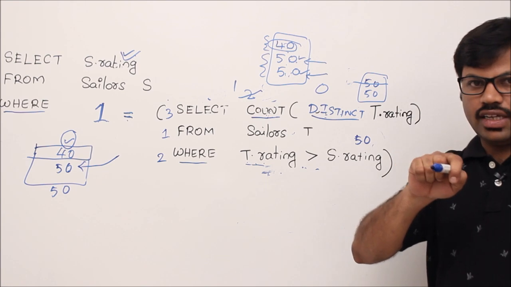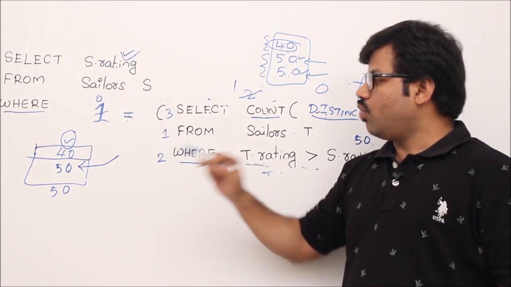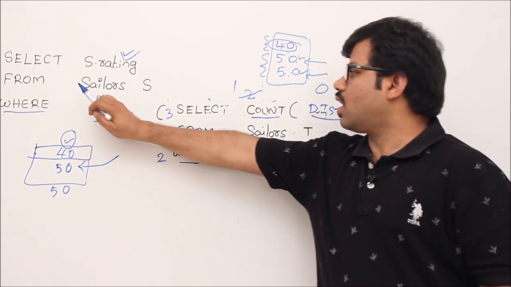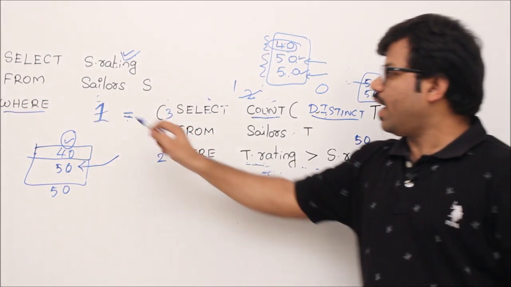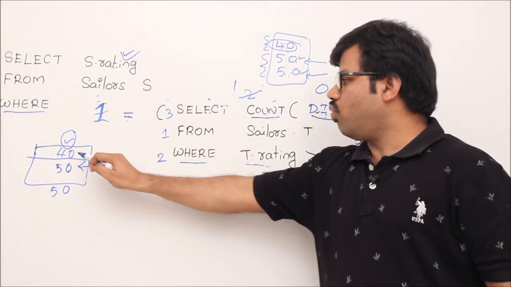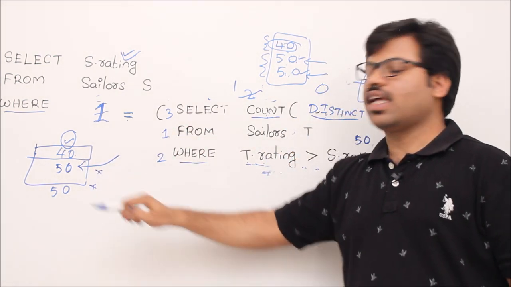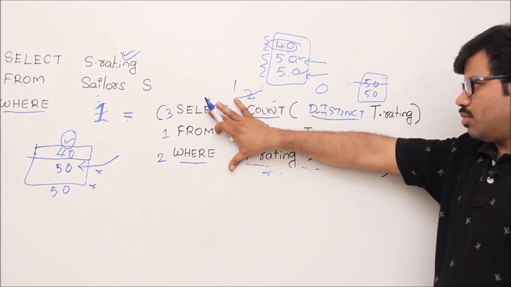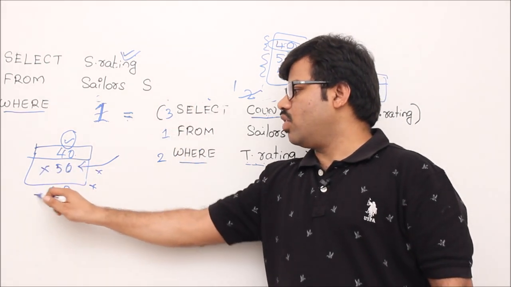If you want the first highest, then this should be 0. If you want the second highest, then this count should be 1. So when you write 1 here, only 40 satisfies this condition, but the first highest ratings, 50, 50, when you substitute them, this count will become 0, then 1 equal to 0 will be false and those ratings will be rejected.